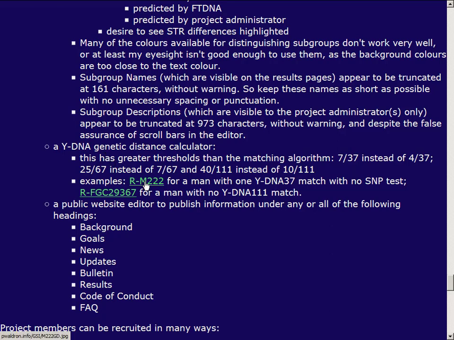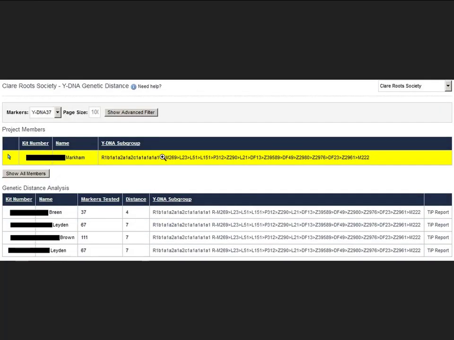So here's a guy I was able to identify as being Niall of the 9 Hostages recently. He has only one match. His name is Markham. He's recruited lots of other Markhams to do autosomal DNA, and eventually I convinced him we've got to do Y DNA as well. So he's done it, but not the other Markhams.